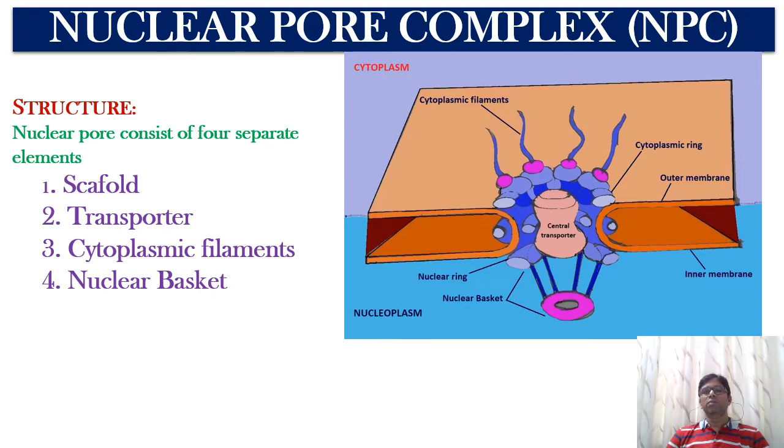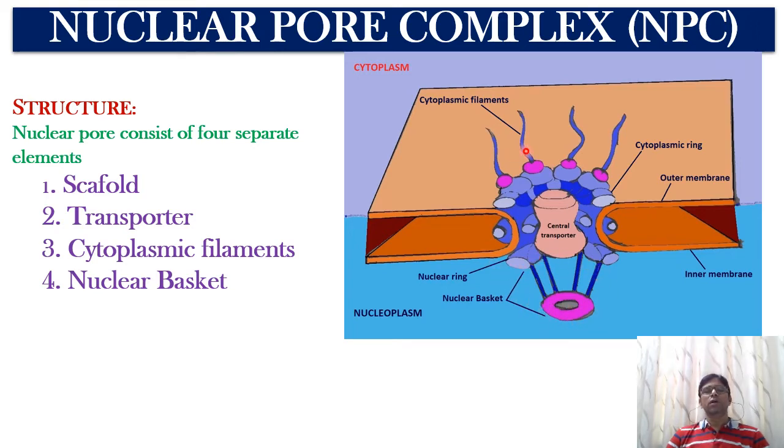Here you can see in the picture, these three annuli or rings form the scaffold, and this is the central transporter, and these are the cytoplasmic filaments, and this is the basket or nuclear basket which is present towards the nucleoplasmic side.